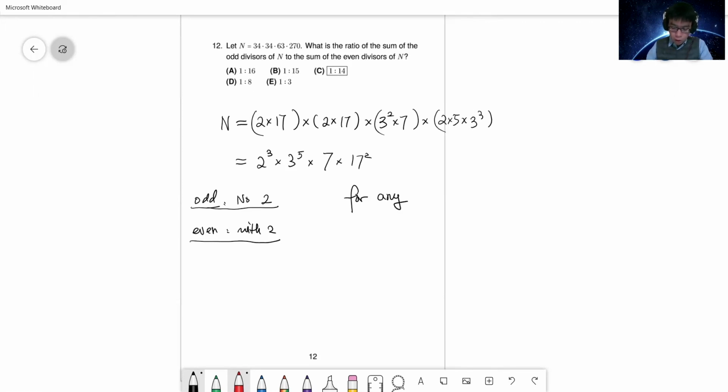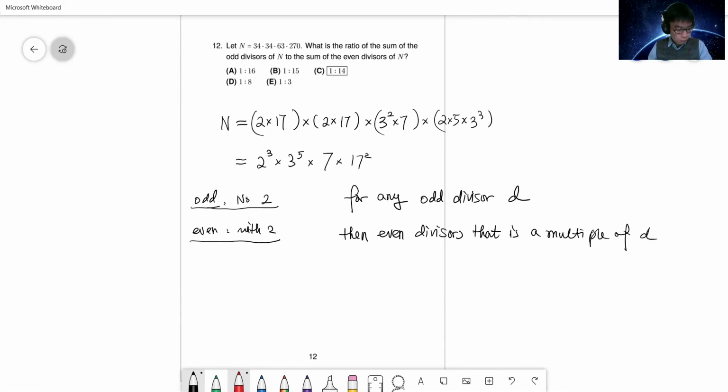For any odd divisor, let me call it D, we can consider all even divisors that are a multiple of D. So here we only consider an even multiple of D, by multiplying a power of 2.